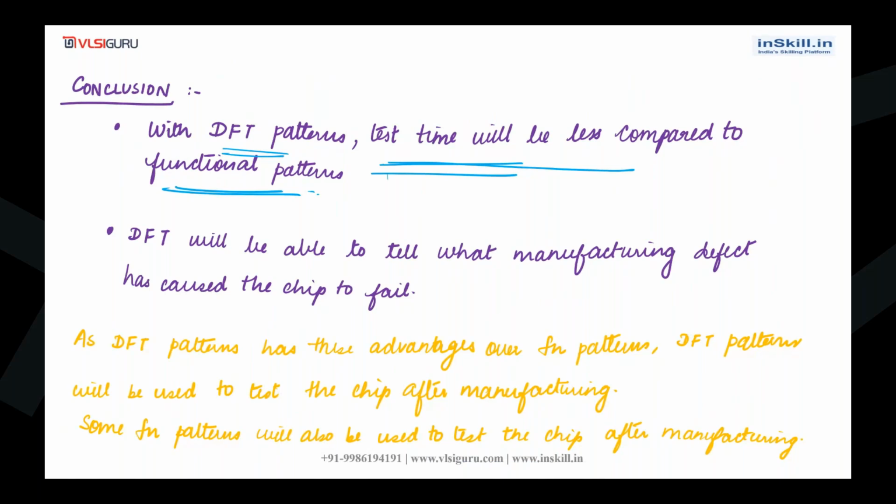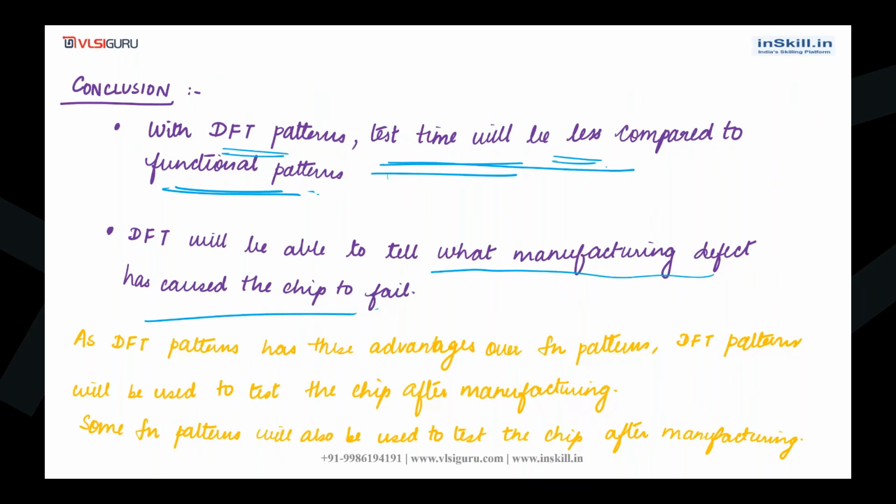With DFT patterns, test time will be less compared to the functional patterns. And DFT will be able to tell what manufacturing defect has caused the chip to fail. Functional verification team can only tell that the chip is failing.